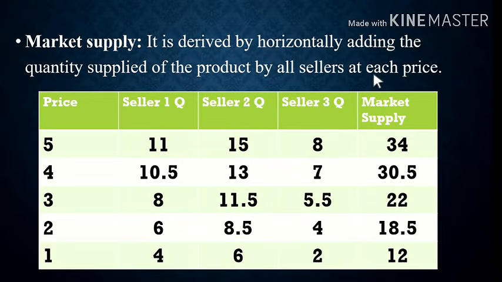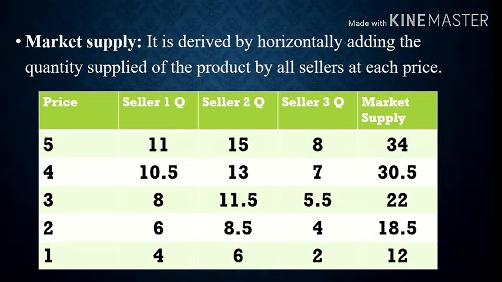At each price, seller 1 supplies some amount, seller 2 at that price supplies some amount, seller 3 some amount. Summing these, we get the market supply at a given price.